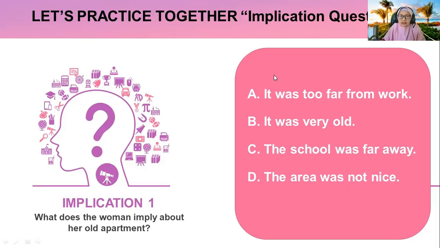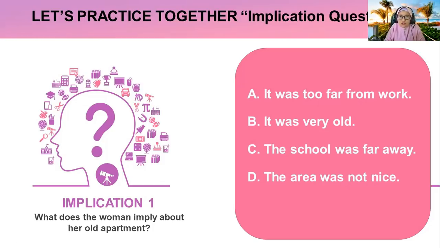But the same as the previous audio, you have to catch the idea for each choice here. You have to understand its choices and then choose the best answer related to the audio about the implication question. Okay, this is the example of implication question number 1.